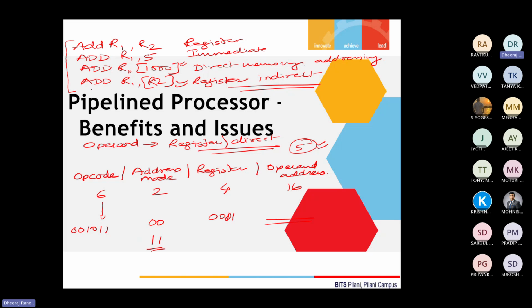Just assume in that case 2 bits will be utilized, and if it is more, say altogether 6, then 6 bits will be utilized for the addressing mode. So this was the major concept where we can have separate bits corresponding to the address mode that is to be referred.